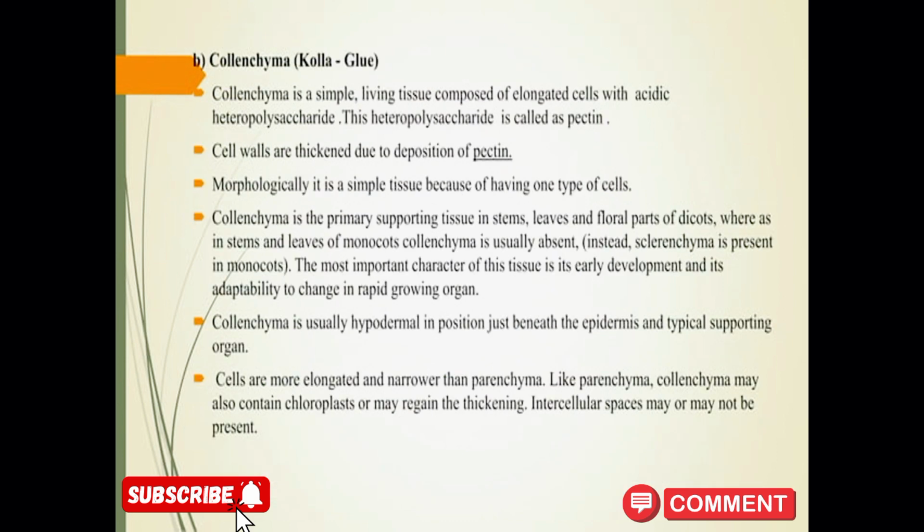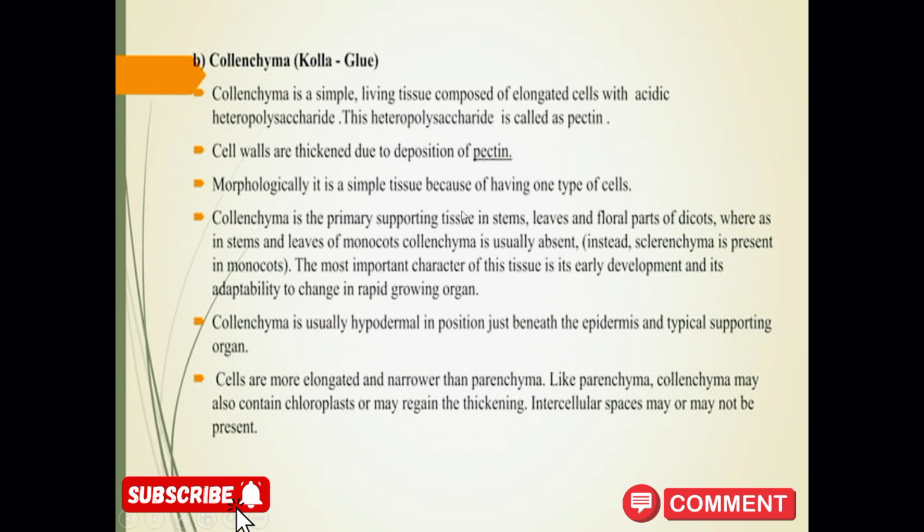The second most important type is collenchyma. The word collenchyma is derived from two Greek words, colla meaning glue and enchyma meaning infusion. These are simple tissues in which an unevenly thickened cell wall is present. Sometimes the cell wall is thick and sometimes it is thin. Such cells are known as collenchyma. The collenchyma cell wall is made up of a substance known as pectin, a heteropolysaccharide.